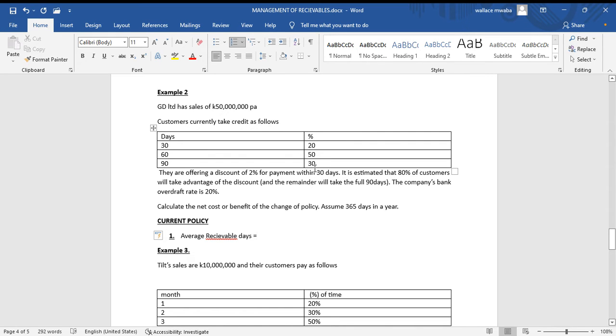So average receivable days, we say 30 times 20% plus 60 times 50%, so 50% is 0.5, plus 90 times 0.3.